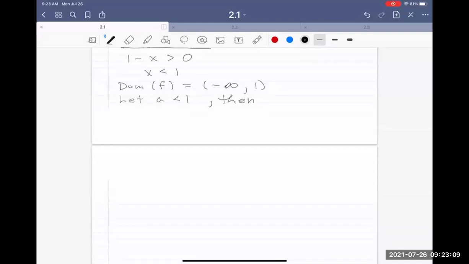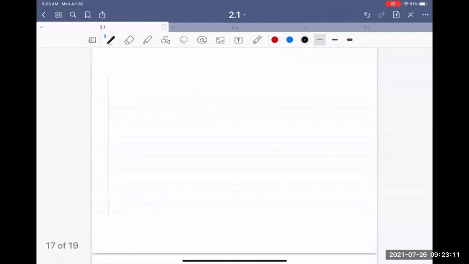So f prime at A is equal to, last time we did it with the limit as x approaches A. Let me do the difference quotient where I use h's, for variety. So I'll use this definition of the derivative.